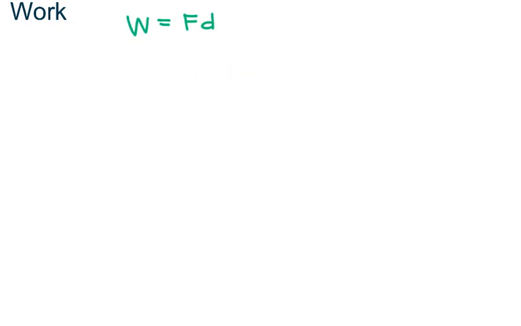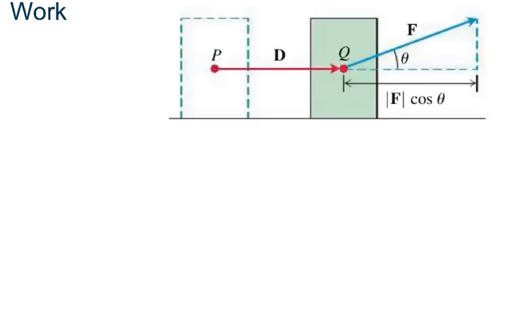Let me pull in a visual. So here we have some object that we moved from point P to Q. And if a force is moving an object, the force is pushing in a different direction than that actual motion.